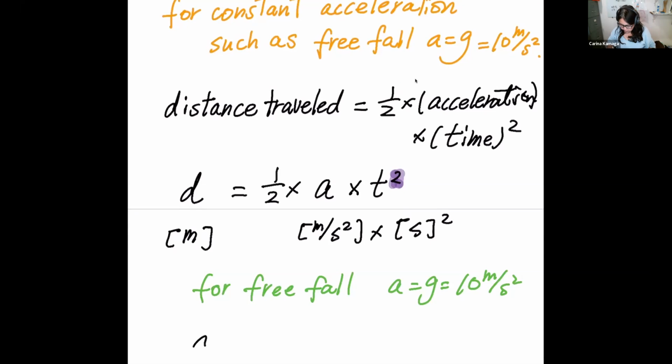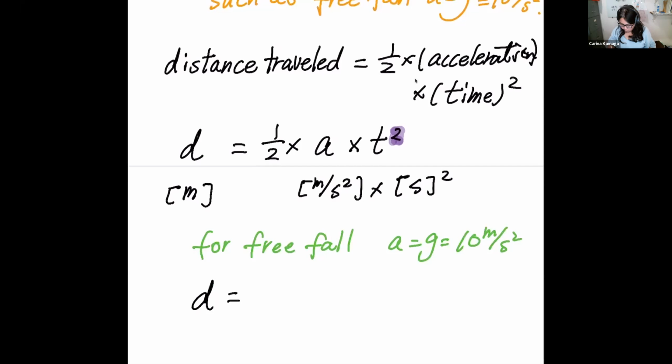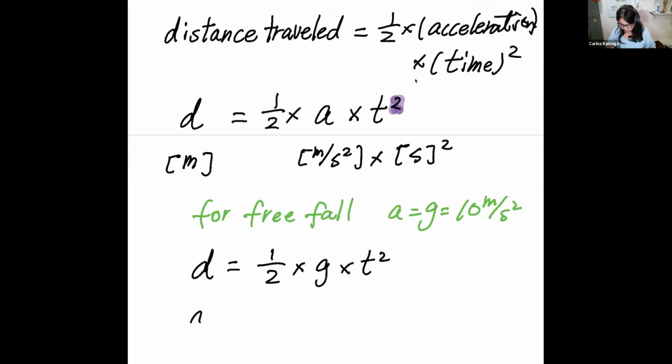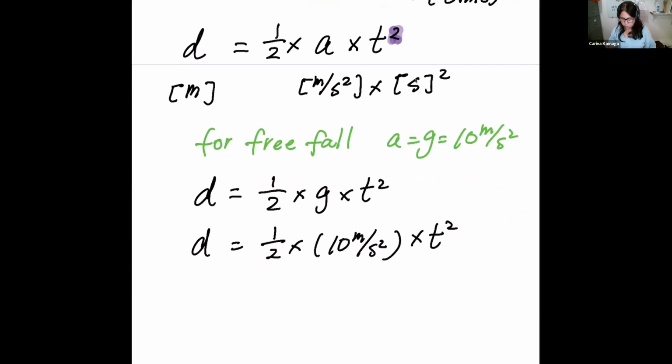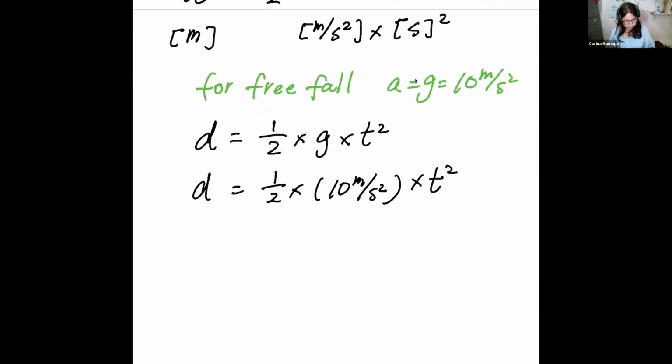So an object in free fall will drop 1/2 times g times t squared, 1/2 times 10 meters per second squared times t squared. This is true for any object. It doesn't matter its mass. Any object in free fall will fall this distance with the same constant acceleration.